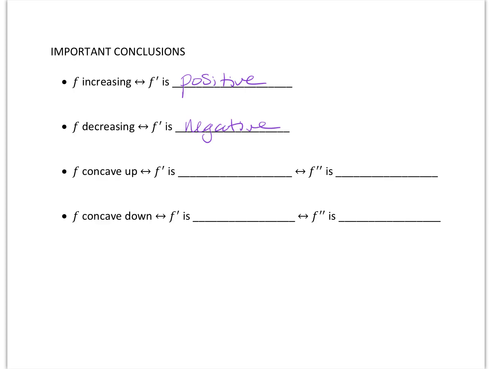So if f prime is increasing, that means that f double prime is positive, and it means that f is concave up. And when f is concave down, that means that f prime is decreasing, which in turn means f double prime is negative.